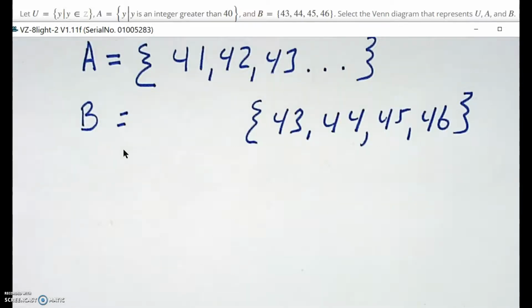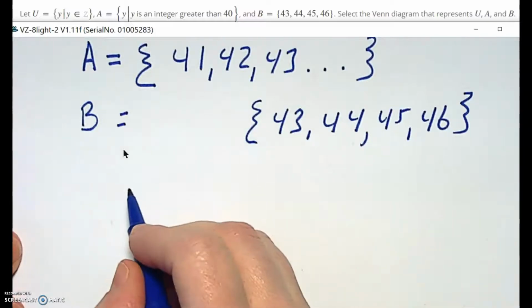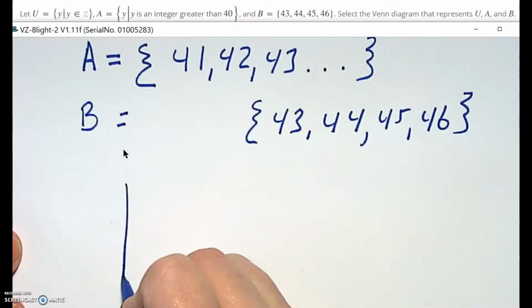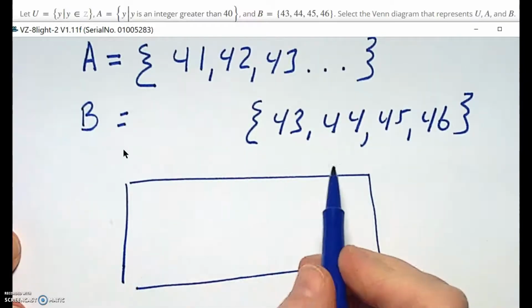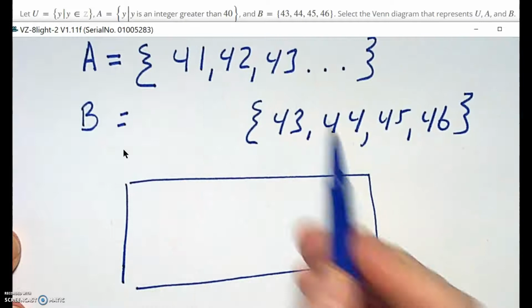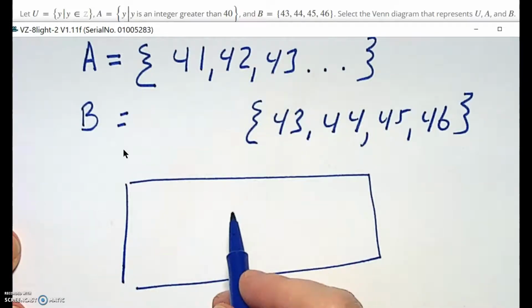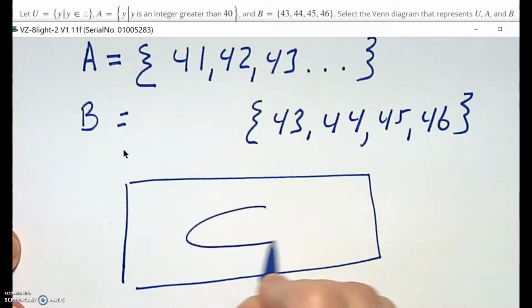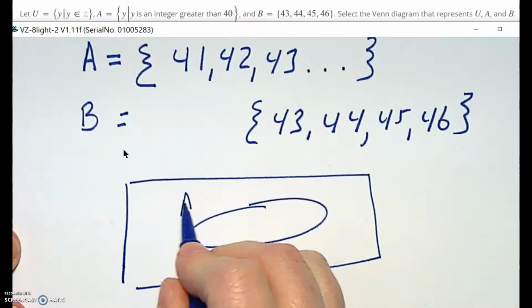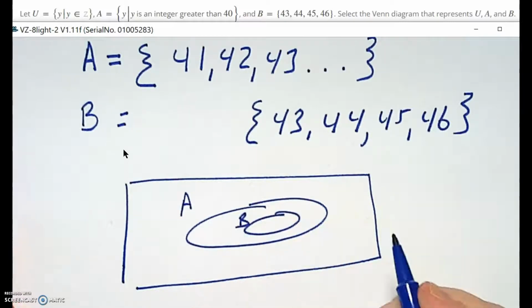So Z would be the universal set here, and B is smaller than the set A because set A is 41 through forever, whereas B is just these four numbers. So we would have A being here and B inside of A.